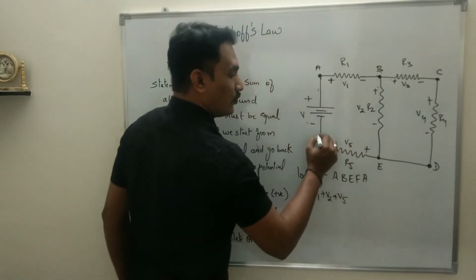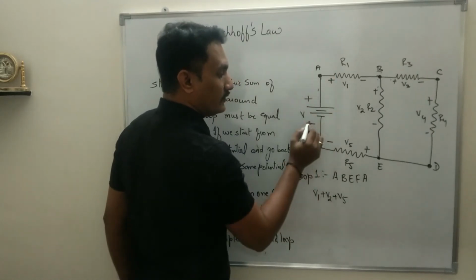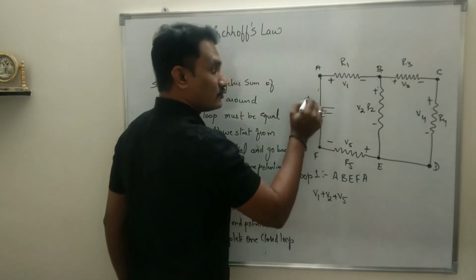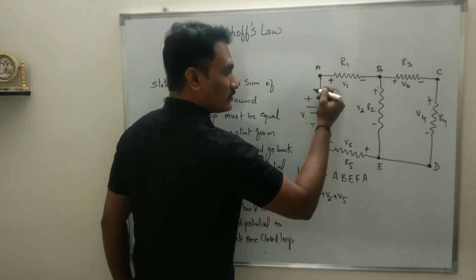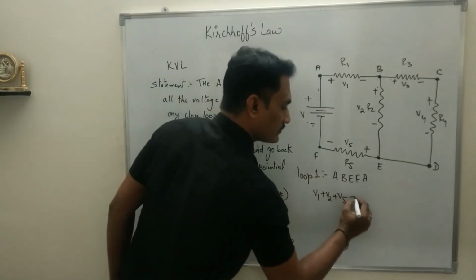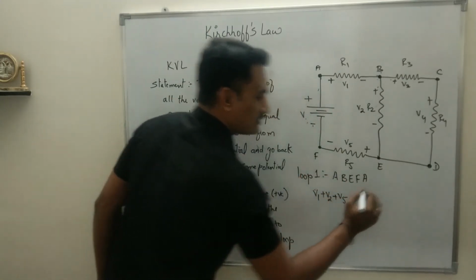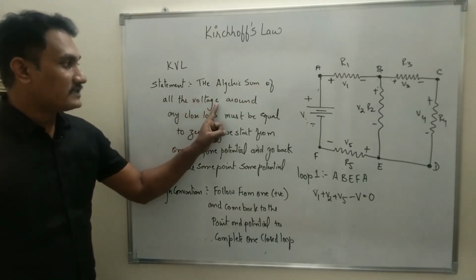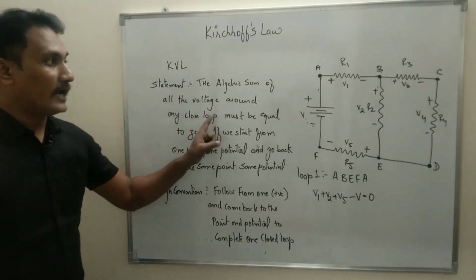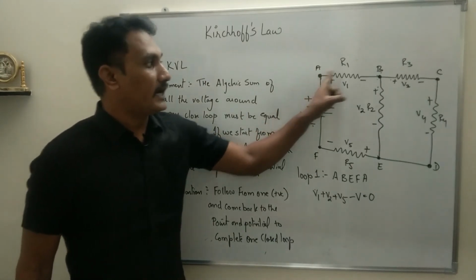And then when you go back to the same terminal, we are moving through this potential V, which is moving from minus to plus. In all the other conditions, we are moving from plus to minus. Here we are going from minus to plus, so this potential will be taken as negative, so it will be minus V equals 0. So the algebraic sum of all the voltage around any closed loop, I hope you have understood what exactly I mean by the closed loop now.